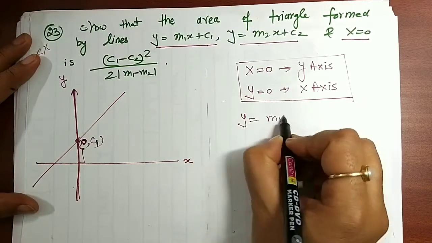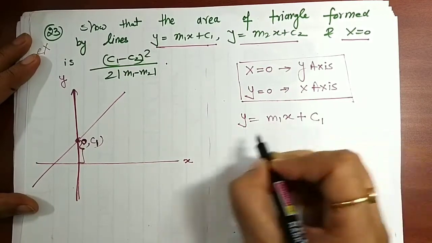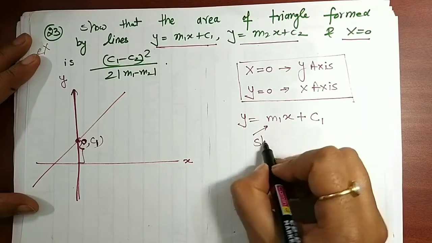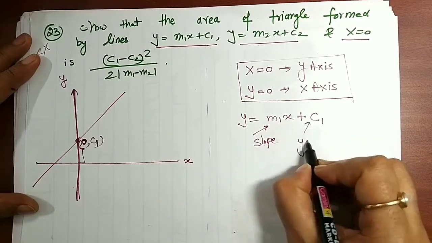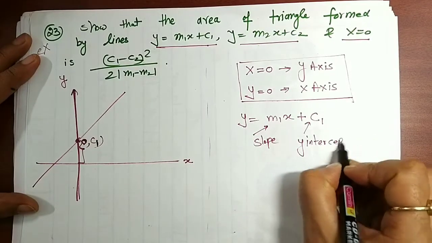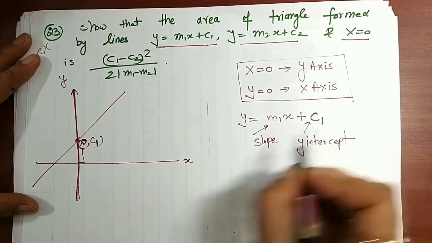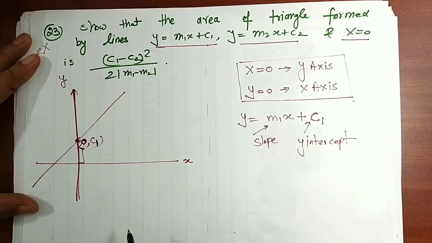If it is y is equal to m1 x plus c1, this is the slope and this shows the y-intercept. So if the y-intercept is c1, it is cutting at (0, c1).